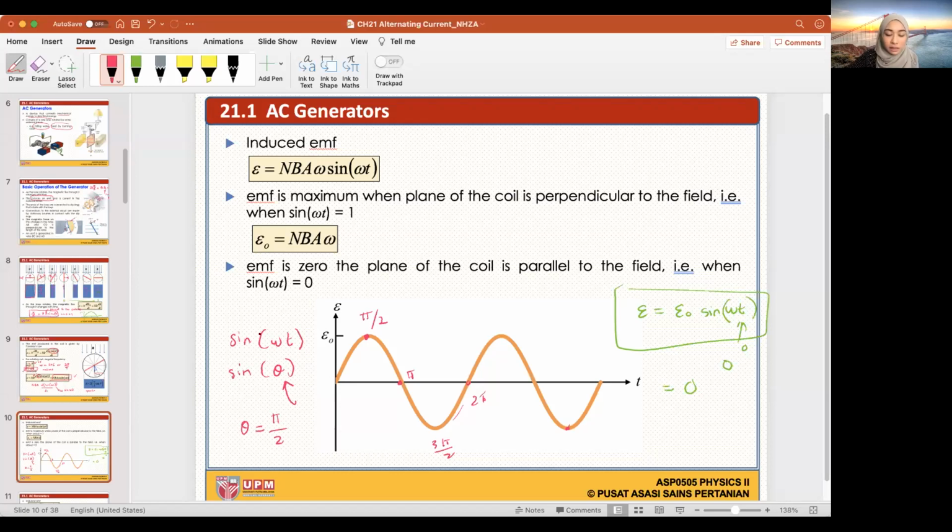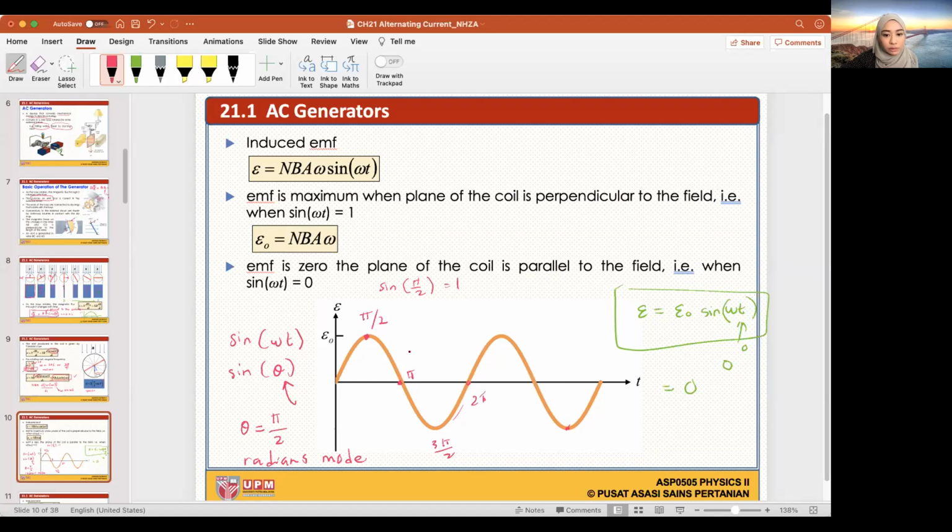Using your calculator in radians mode, when we have omega or radians or pi's, we always use radians mode. Using your calculator in radians mode, you will find out that sine pi over 2 gives you a 1.